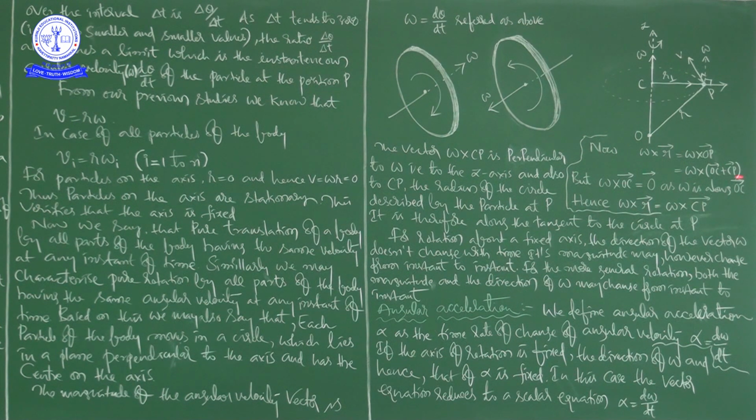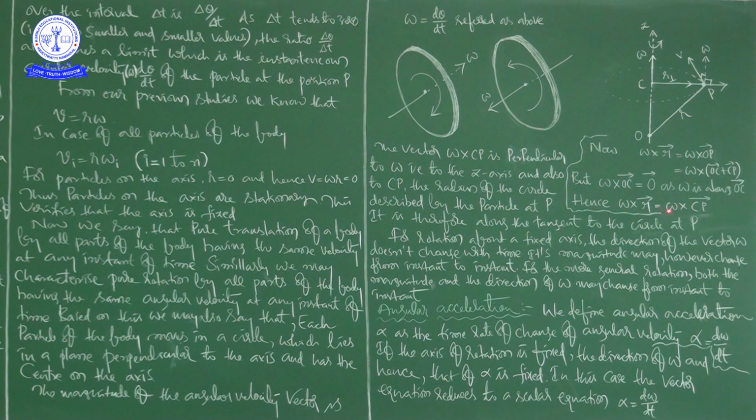That is, omega bar cross r bar is equal to omega cross OP bar, and this OP you can write as OC plus CP, right? But omega cross OC bar is equal to 0 bar, because omega is along OC.